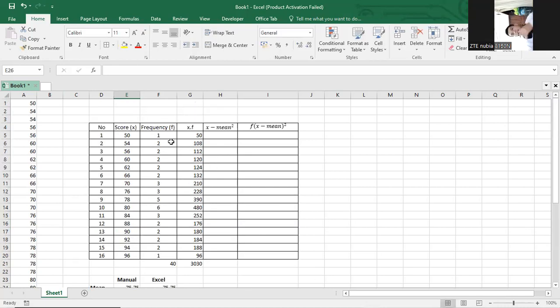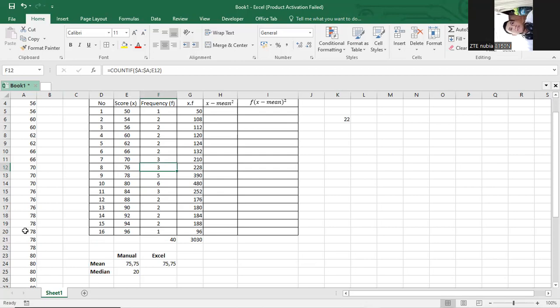After knowing 20 here, we count which data is in number 20. Usually I do this: here is 22 after F until F13, sorry. So the data of 20 must be in 78 or even in 76. Let's see, 78.